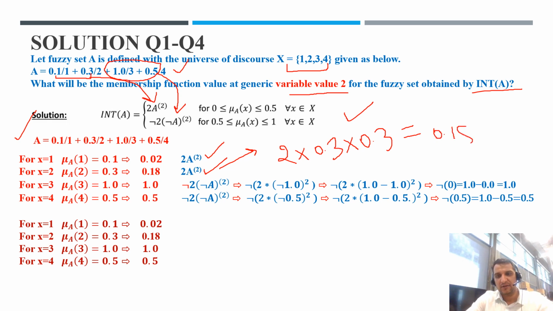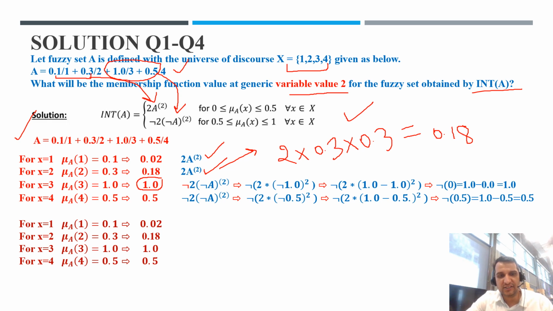Now when the membership value is greater than 0.5, up to 1, the formula will be negation of 2 multiplied by negation of A square, the complement. To be more specific: negation, bracket start, 2 multiply negation of 1, right?